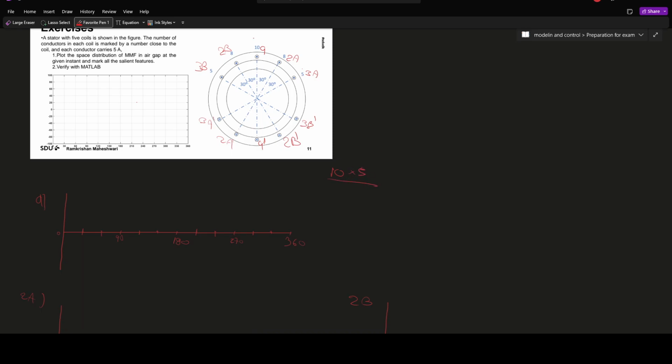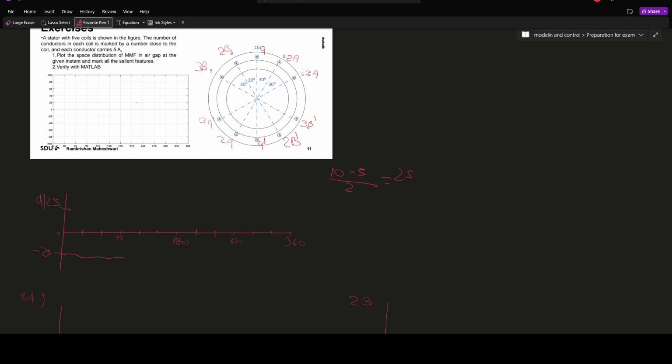And we know that the MMF in the air gap, the side of the air gap, is half. So here we have 25 for coil A. So from 0 to 90, we're gonna have minus 25.